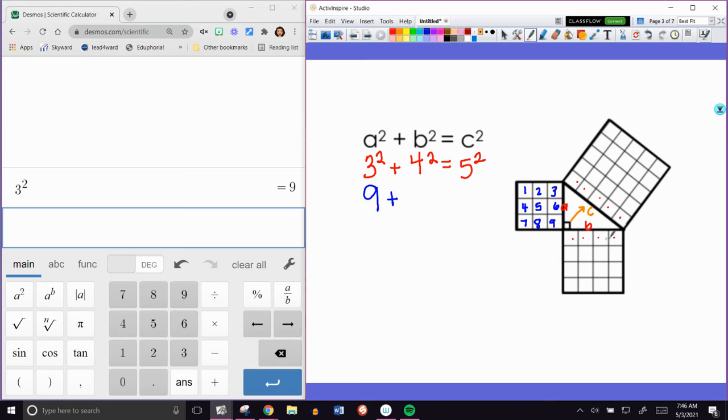And if I did 4 squared, I would do 4 times 4, and that gives me 16. So again, if I counted, I would get 16 squares. And then it says it equals 5 squared, or 5 times 5, which would give me 25.